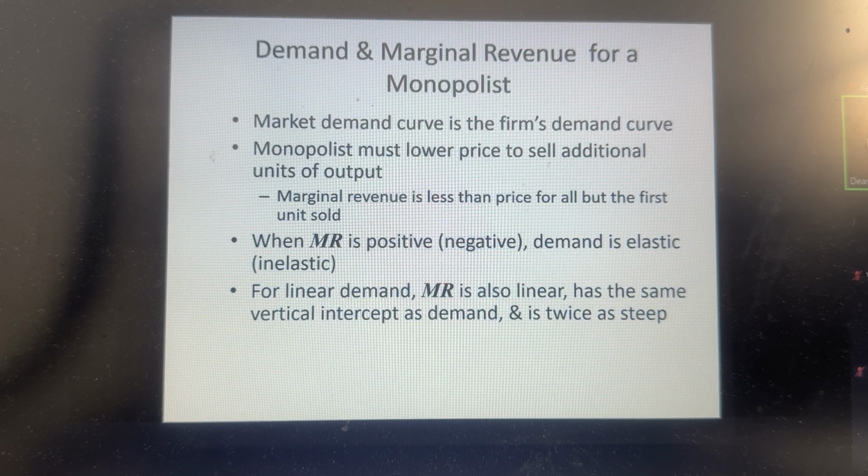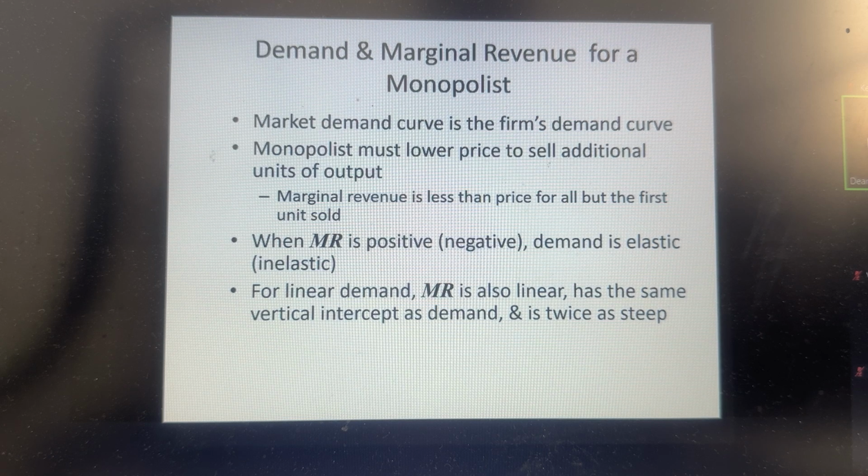But in this case, both are the same. The market is the firm because in the market there is only one firm. The monopolist must lower the price to sell an additional unit of output. If the monopolist wants to sell more, reduce the price. Otherwise, people will not come to that product. If the price is lower, following the law of demand, people will come to the product.